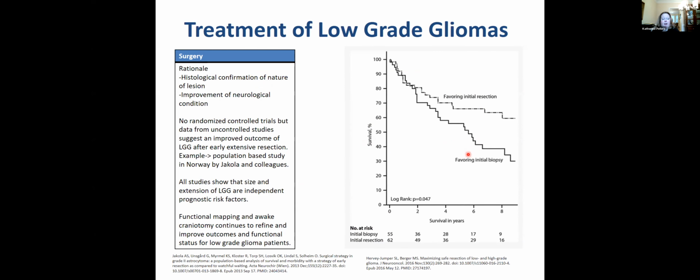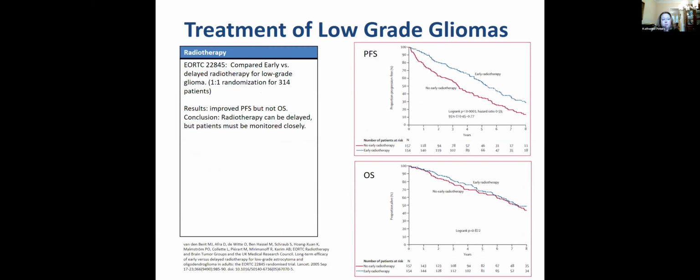And now that we have great techniques like functional mapping and awake craniotomy, we can really refine how we do those surgeries for low-grade glioma patients. And there's even some surgeons that will do multiple resections to try to get out as much tumor as possible for those patients, but do it in a safe manner.